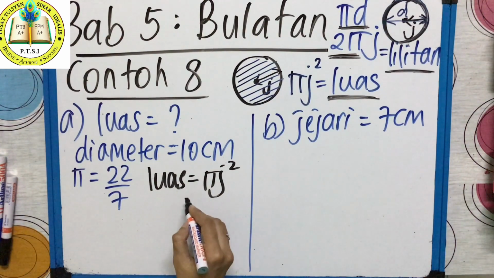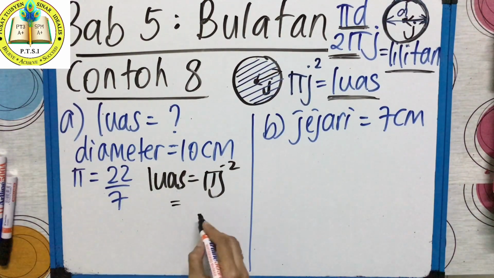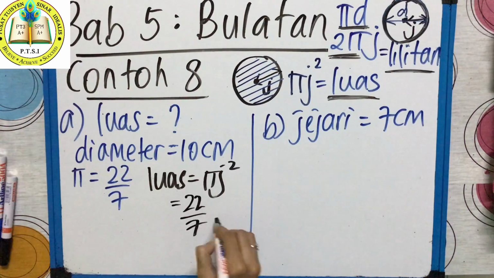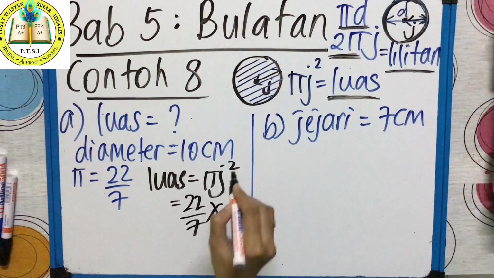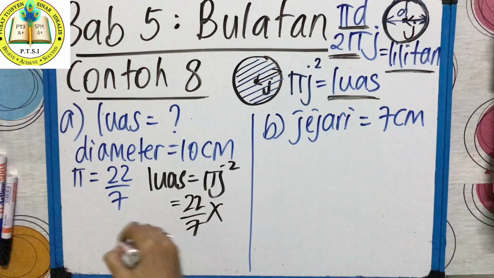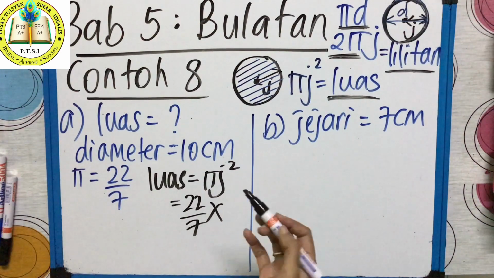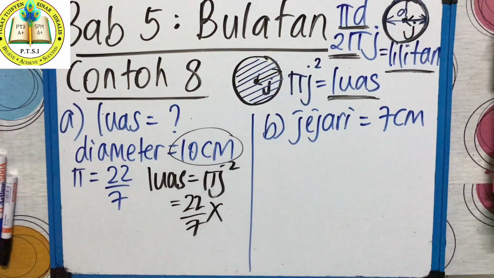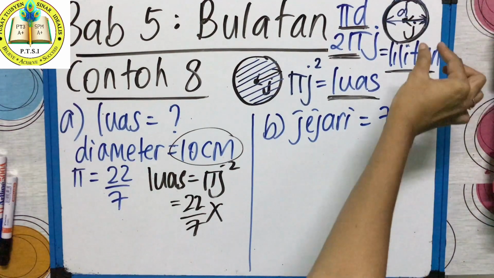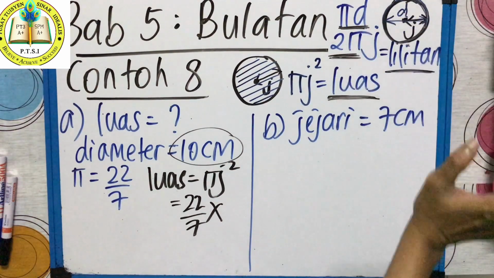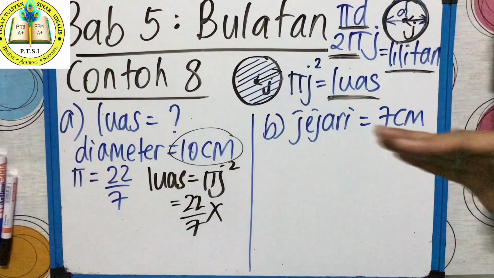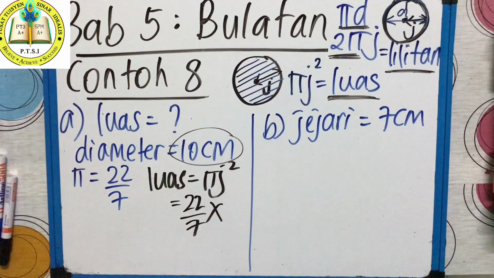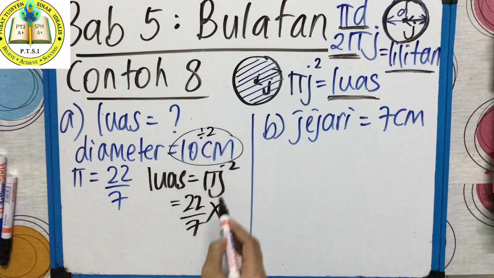Luas equal pi j kuasa 2. So, luas equal, what is the pi given? 22/7 times jejari kuasa 2. Tapi dalam soalan A, jejari tidak diberi. They gave you diameter 10 cm. Apa cikgu terangkan tadi? Jejari is half, diameter is full. Kalau diameter 10 cm, kamu nak dapat jejari, what you supposed to do?